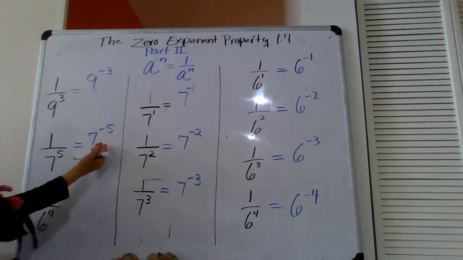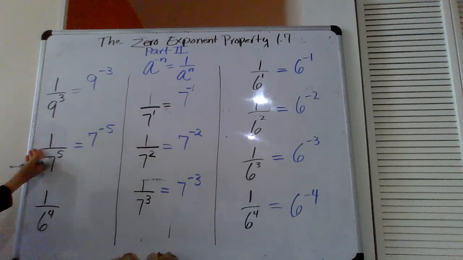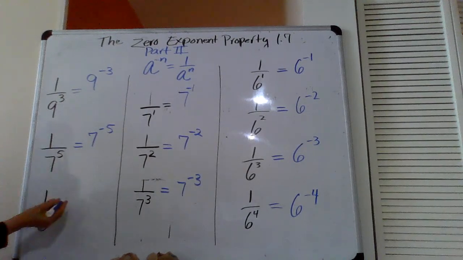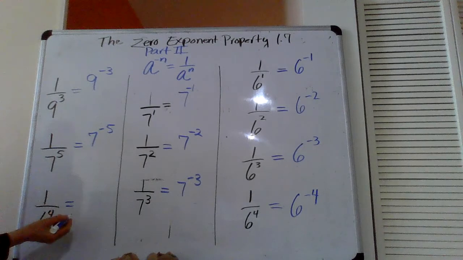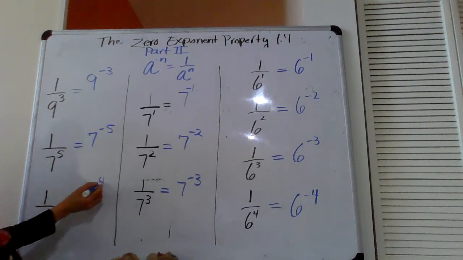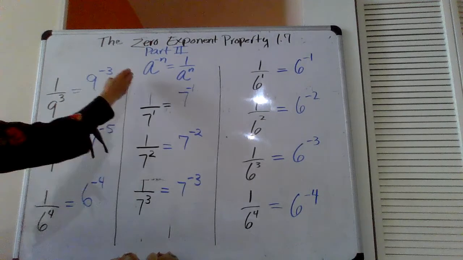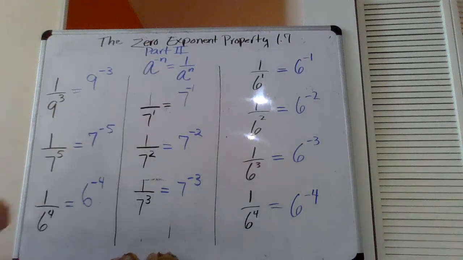So it's the reverse. Last one. This will be 6 to the negative 4th power. Do we understand how to go in both directions? Go from here to here and here to here?